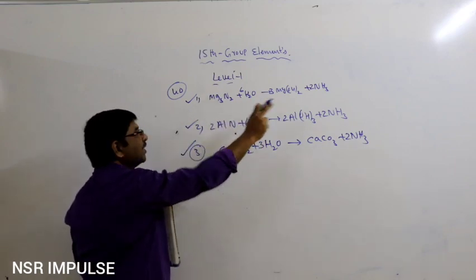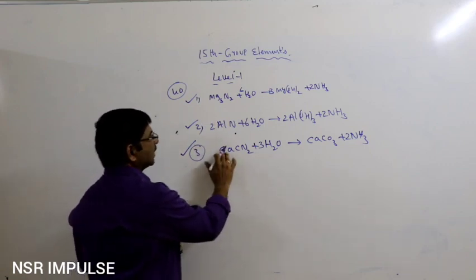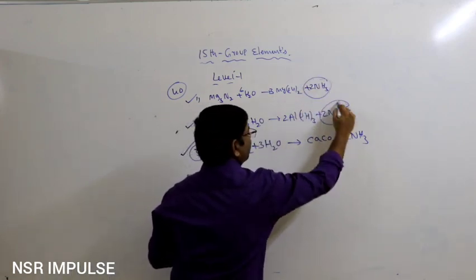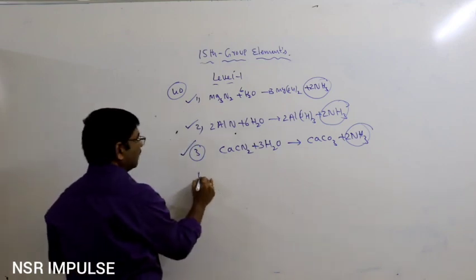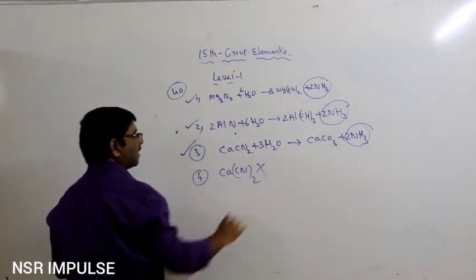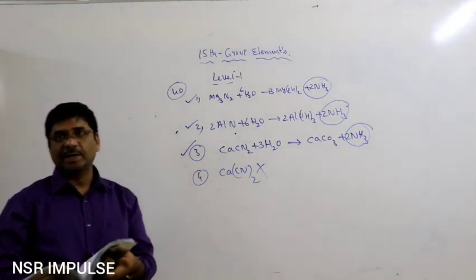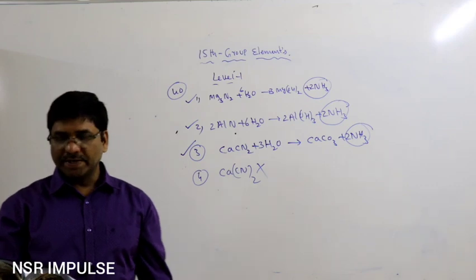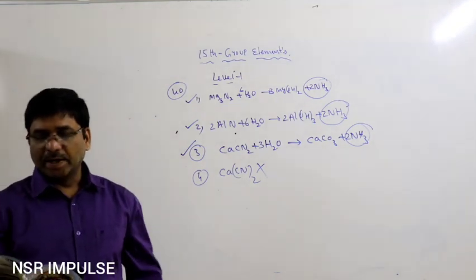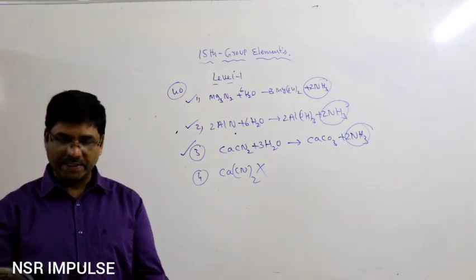Magnesium nitride, aluminium nitride and calcium cyanamide all give ammonia. Three are possible. The fourth one, CaCN taken twice, is not possible for preparation of ammonia. That is the wrong statement.